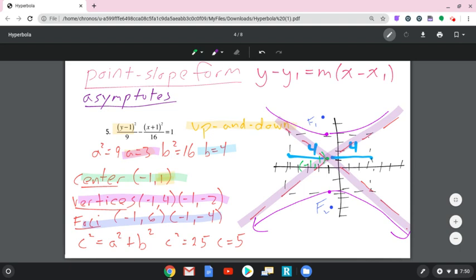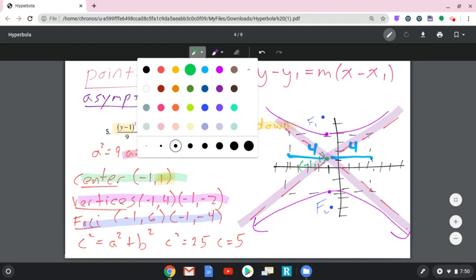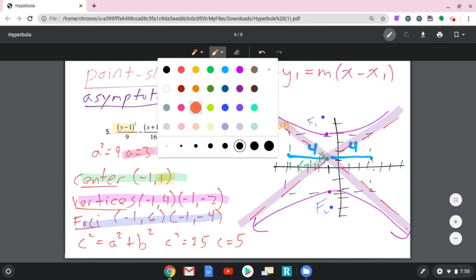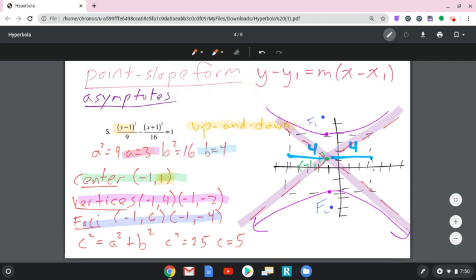So now let's think about this. I can also easily find my slope. Your slope is found by rise over run. I start at my center and I go to that corner. I went up A. This is up 3 over 4. So the slope of this line, one of the asymptotes, would be 3/4.